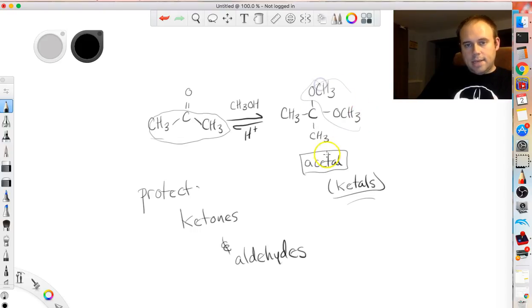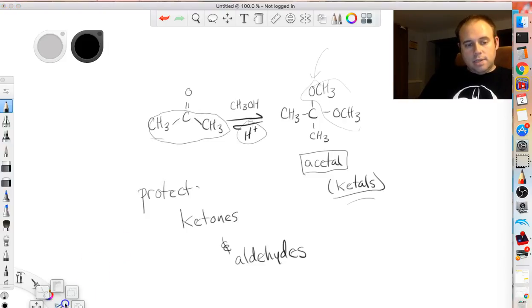They protect the ketone portion, and then they will be removed subsequently by just adding acid or H3O+. Remember back from the ether chapter that ethers are subject to acidic cleavage, and so that's exactly what you have here. You have 2 ethers, and with acid you can acidically cleave those ethers to give you the ketone back.